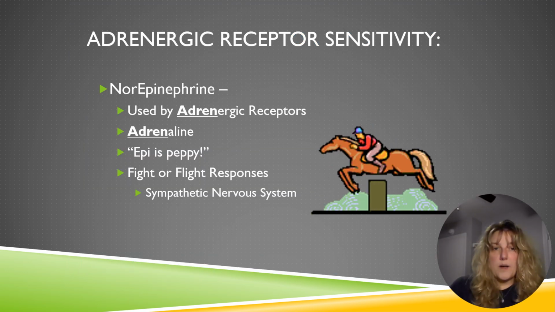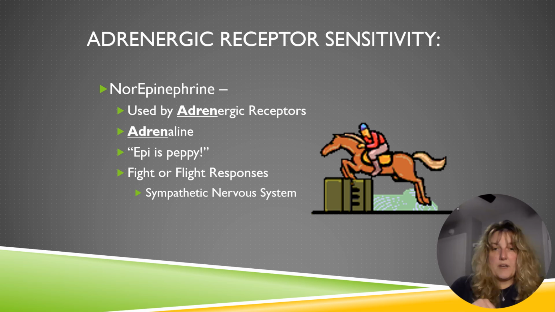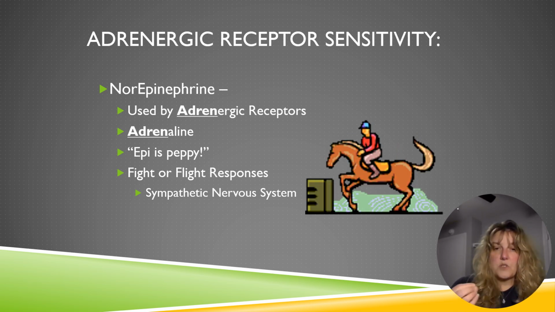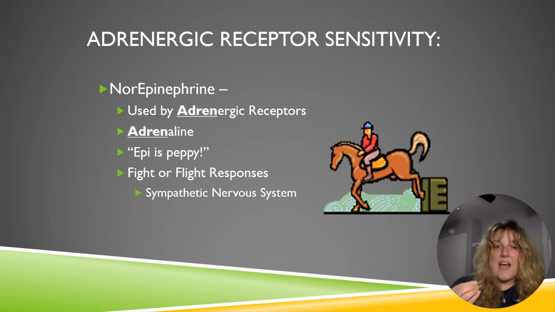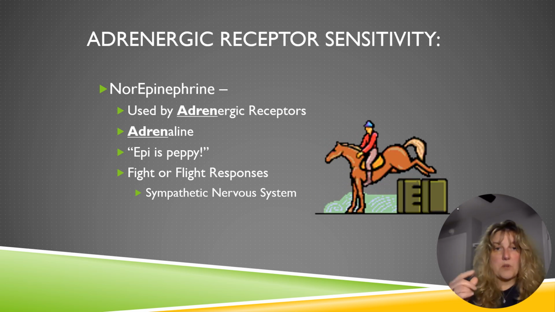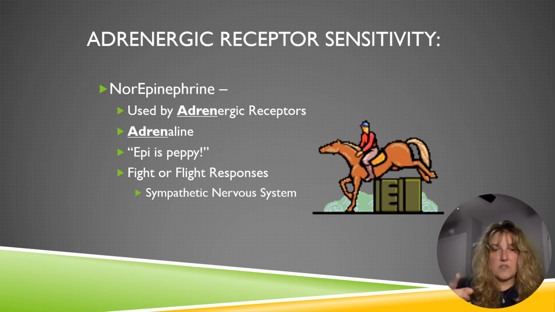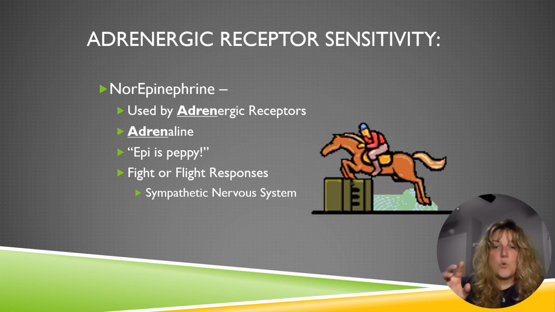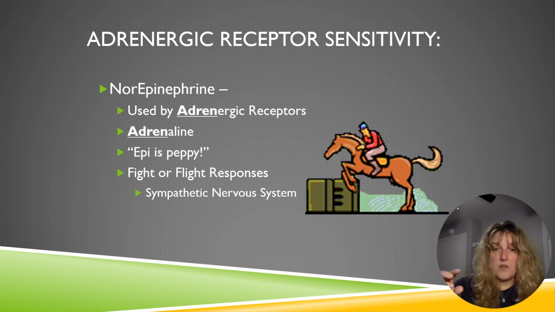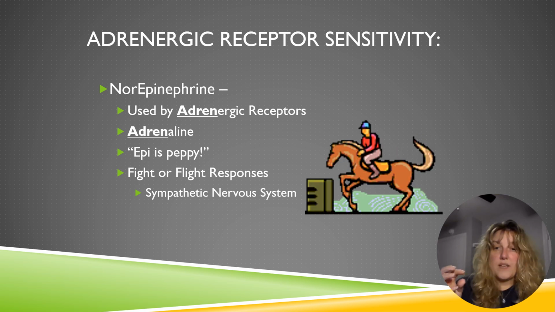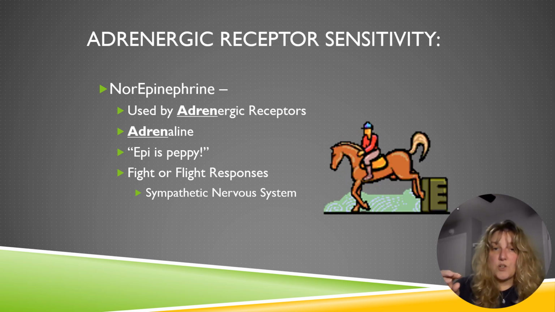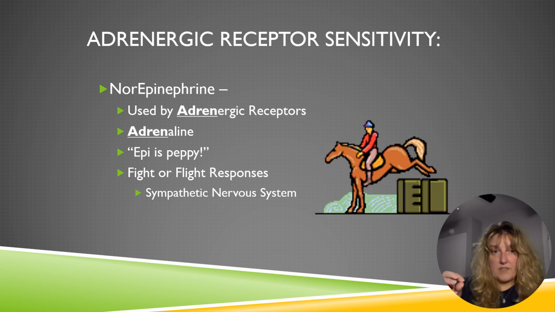Norepinephrine is used, or it will respond to adrenergic receptors. Remember, you have a neurotransmitter, this little chemical that's bouncing over the cleft, and it's going to connect with a receptor. If the receptor can react or respond to it, it's called an adrenergic receptor site.